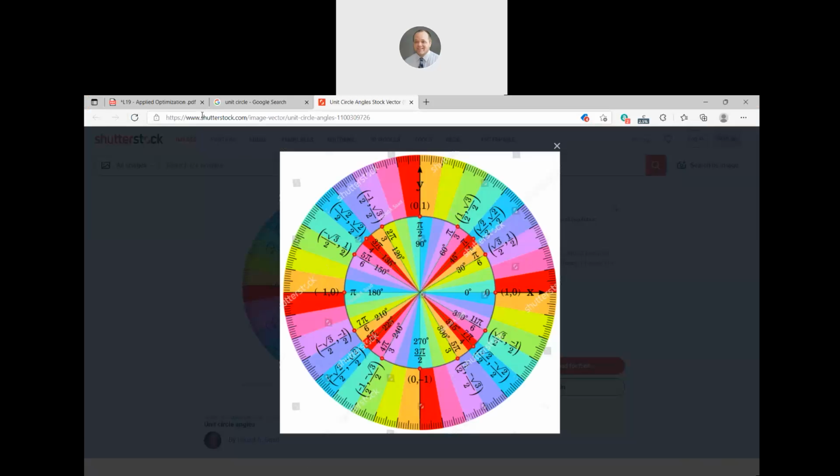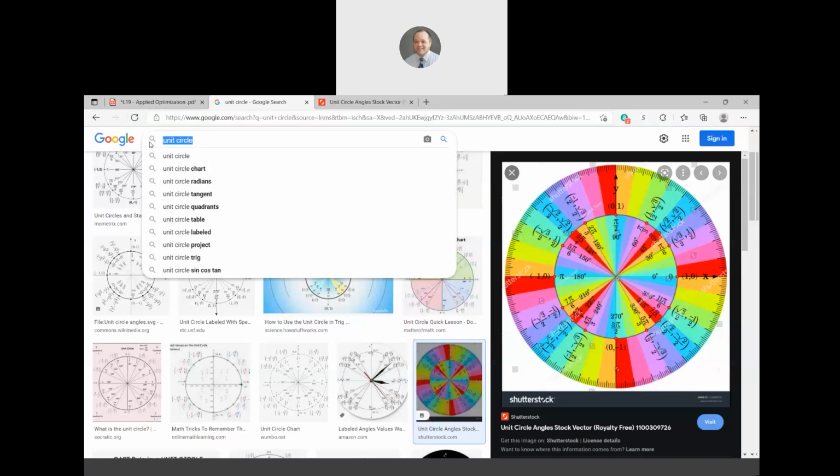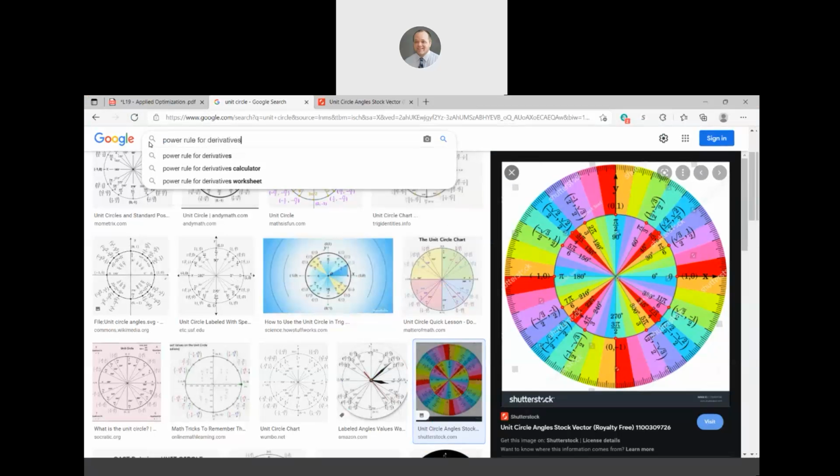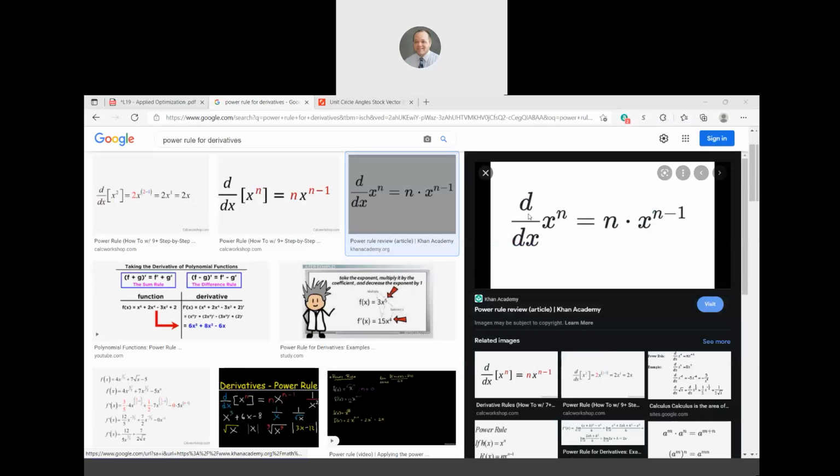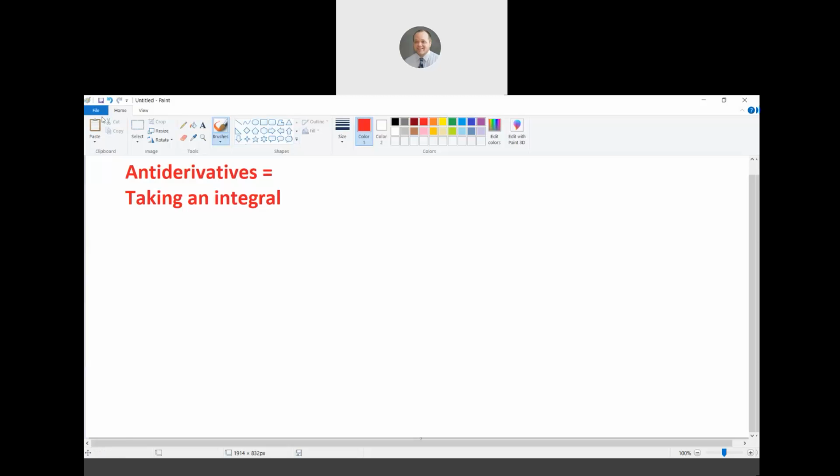Let me pull up the power rule for derivatives. Here we go. The power rule for derivatives is a rule that we've been using a lot of the first half of this semester.